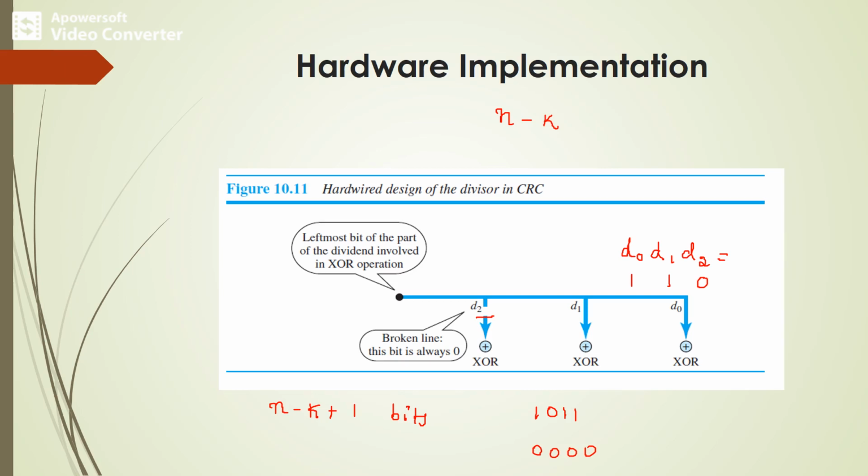So in terms of D2, D1 and D0, the divisor bits are 0, 1, 1. If the leftmost bit is 0, the divisor bits are 0, 0, 0. The design provides the right choice based on the leftmost bit.